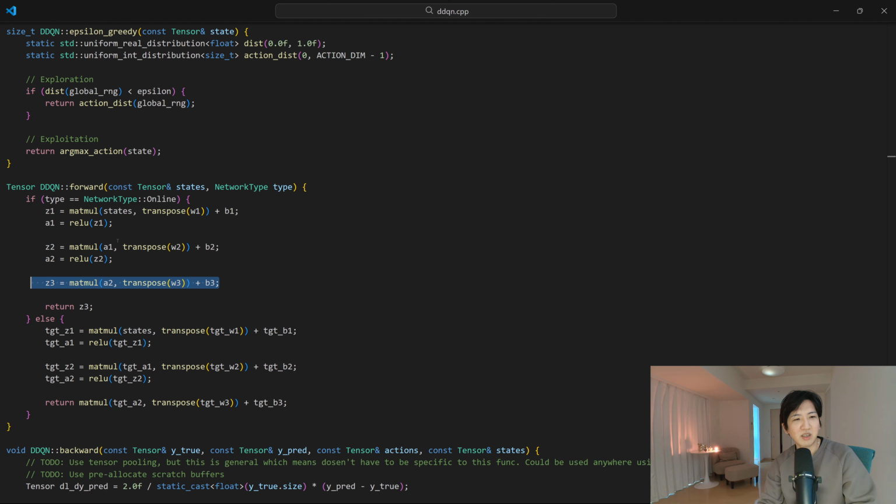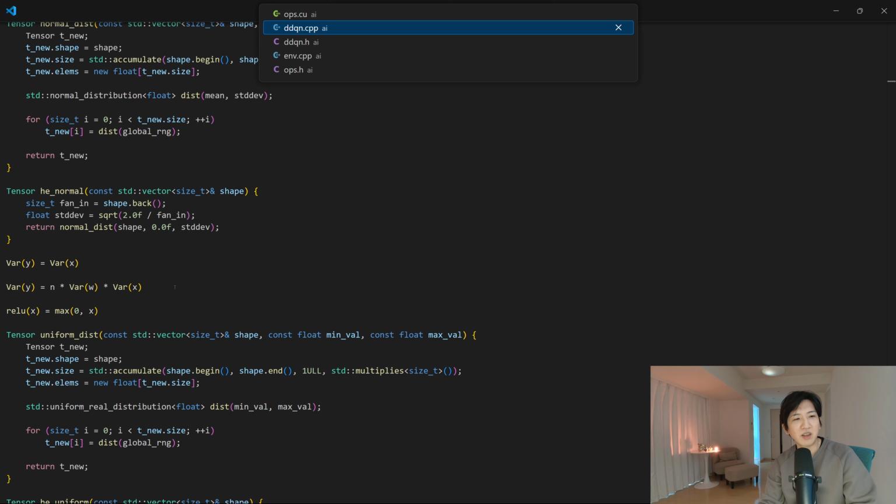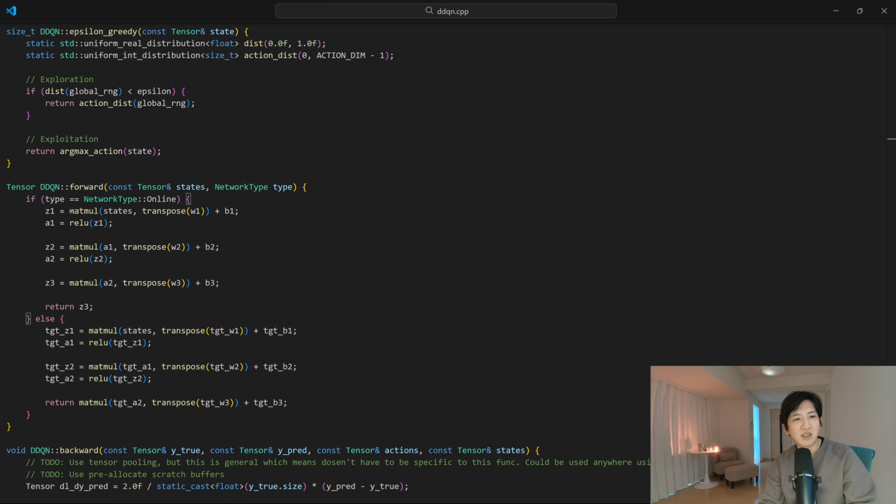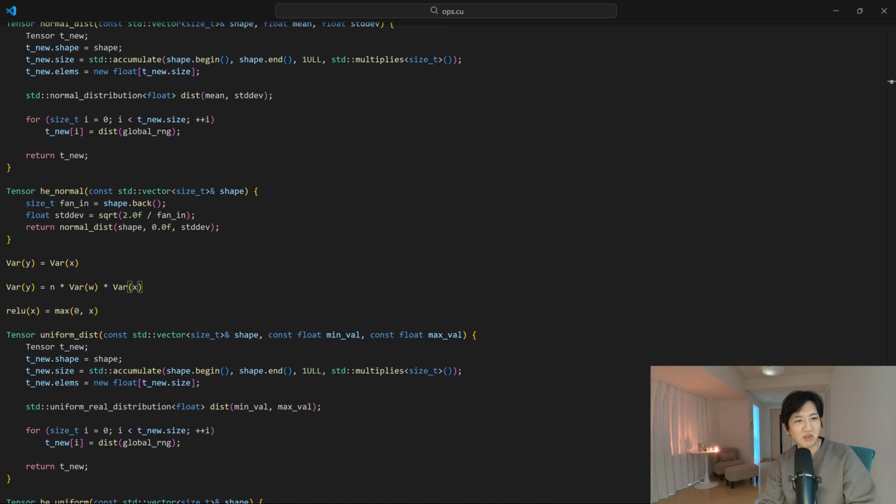You multiply x and weights, and here I don't have biases, but after the multiplication of inputs and weights, you add them. That's how matrix multiplications are done. So this is the number of inputs.